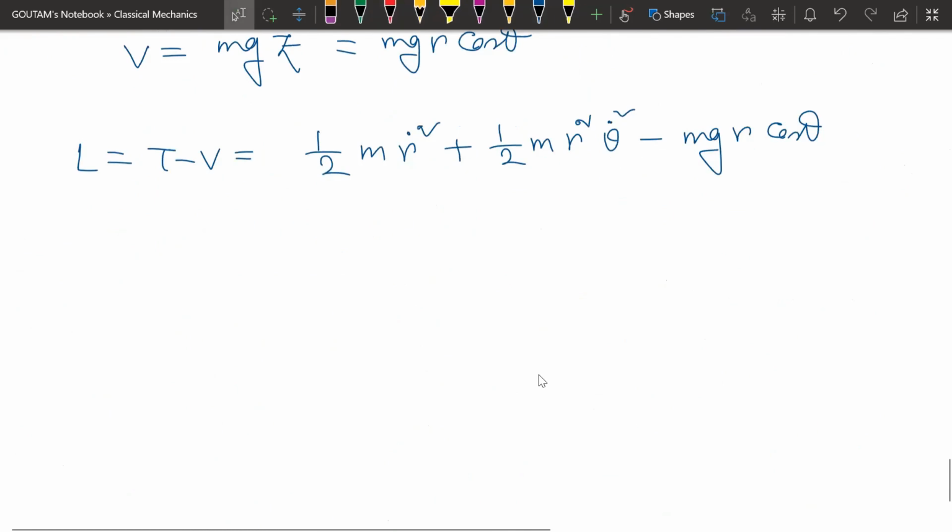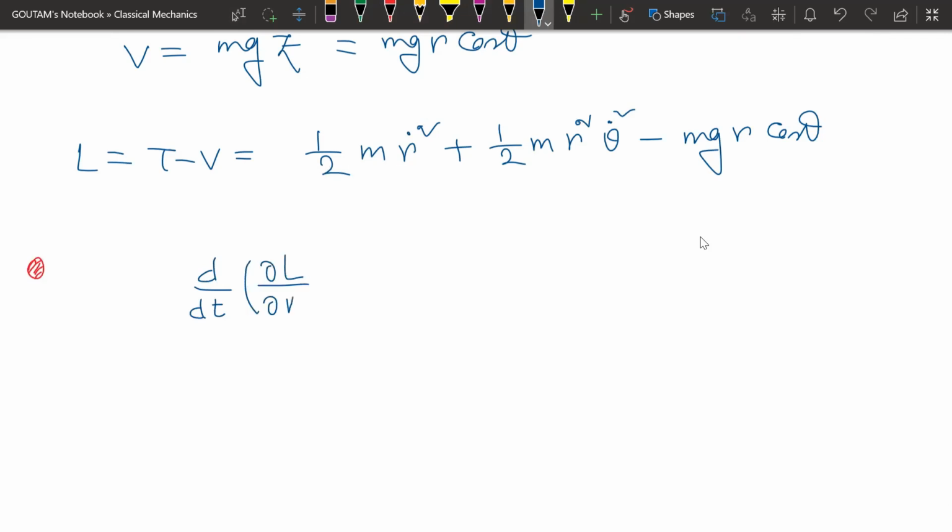Now for the Lagrangian equation of motion, there are two coordinates, two variables here, r and theta. So in that case, we will have two Lagrange's equations of motion. The first one will be d/dt of ∂L/∂ṙ minus ∂L/∂r equals lambda ∂f/∂r, right?